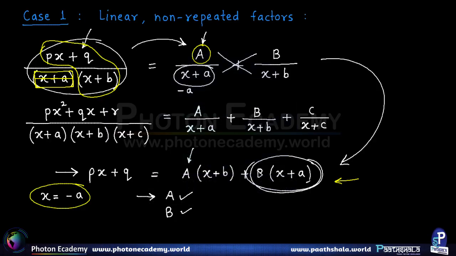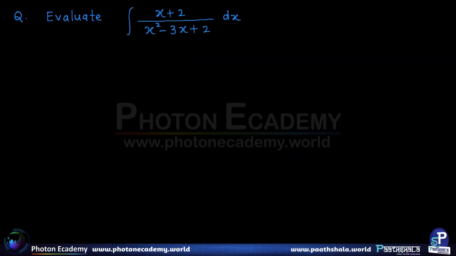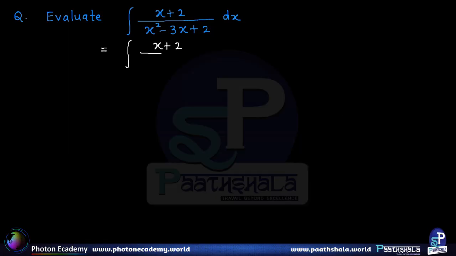Now let us solve one question based on this so that this procedure will be clear. Here we have to evaluate the integral of x plus 2 upon x square minus 3x plus 2. Now looking at this, we can readily factorize the denominator, and we see that that is nothing but x minus 1 into x minus 2.